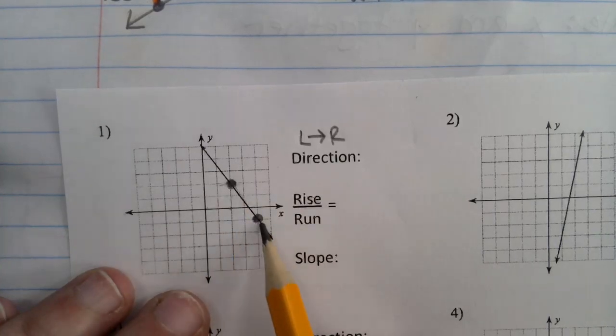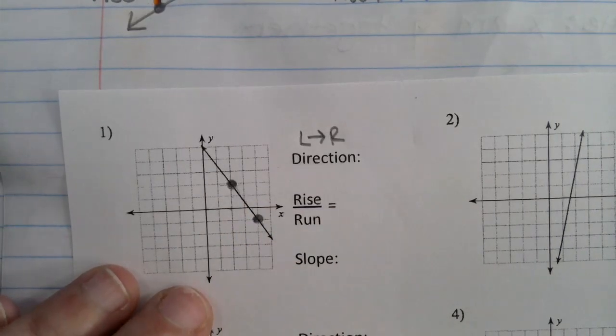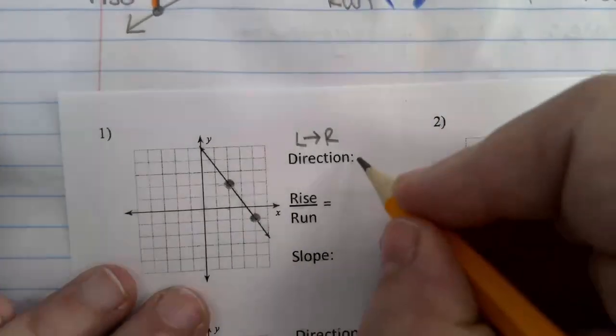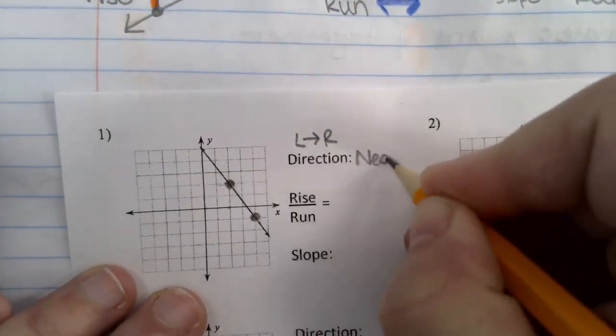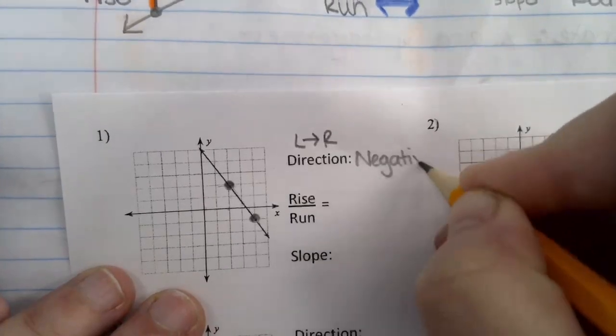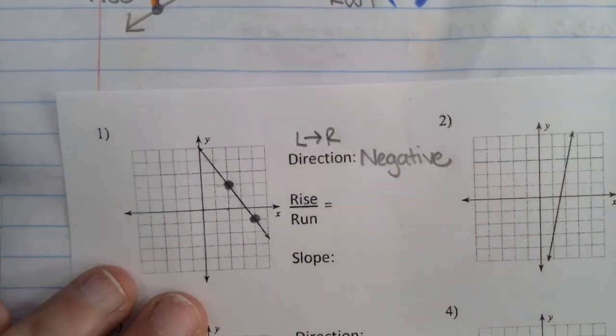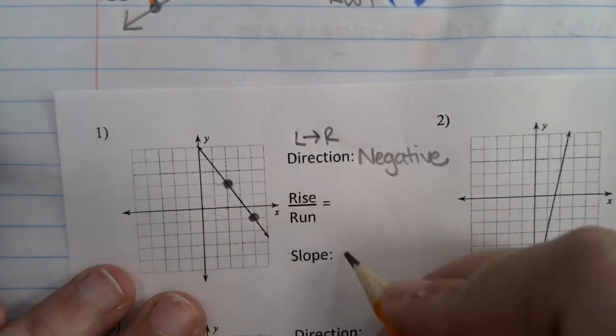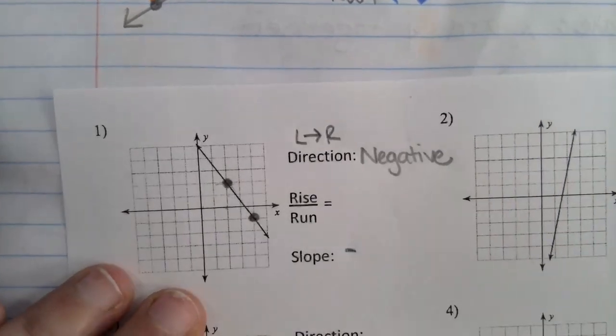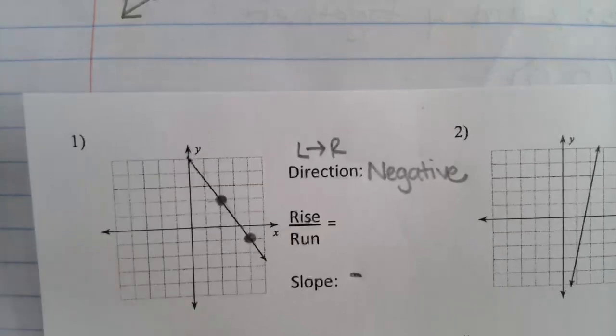It's going down. Is that positive, negative, 0, or undefined? Negative. So our direction is negative. Good. So I know right away, before I even find my fraction, what type of number my slope is going to be: negative. So I can sneak that in right away. Throw a negative sign in there so I don't forget.